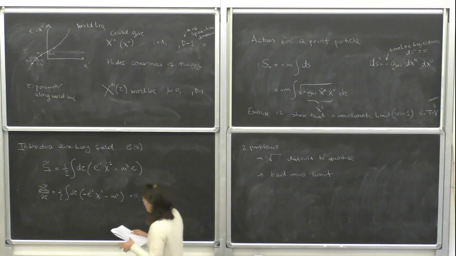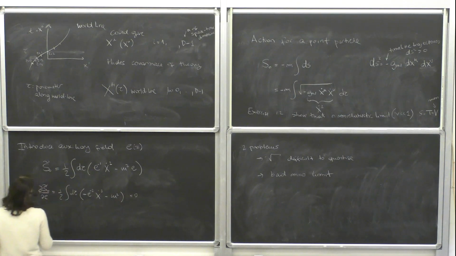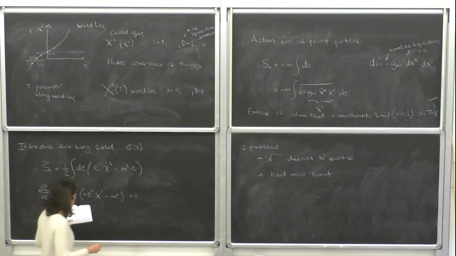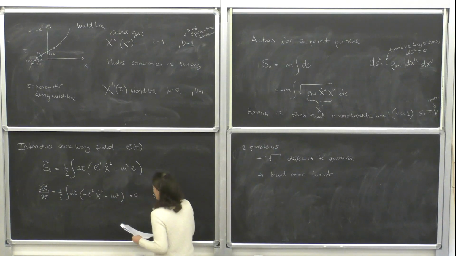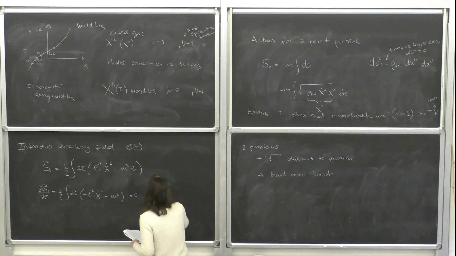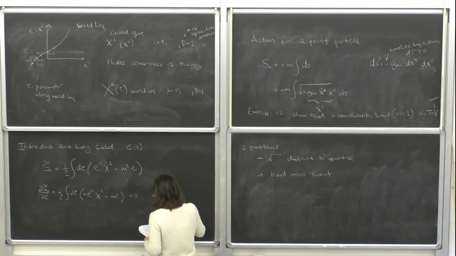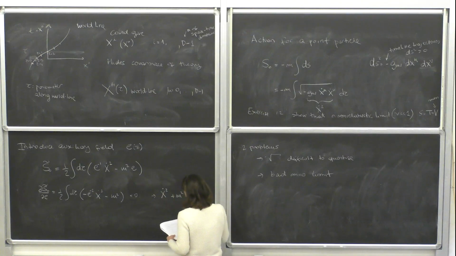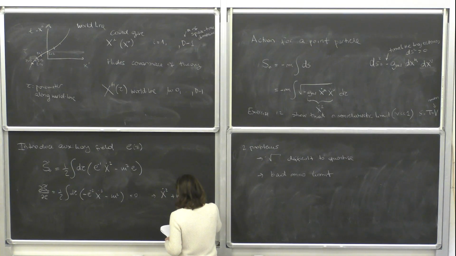But this says that x dot square plus m square E square is equal to 0.